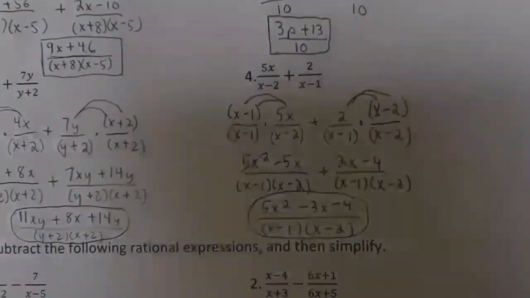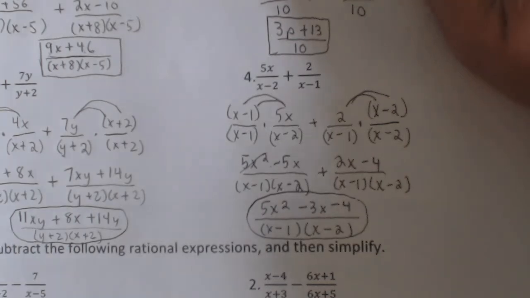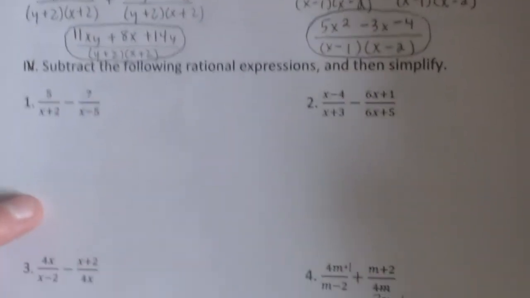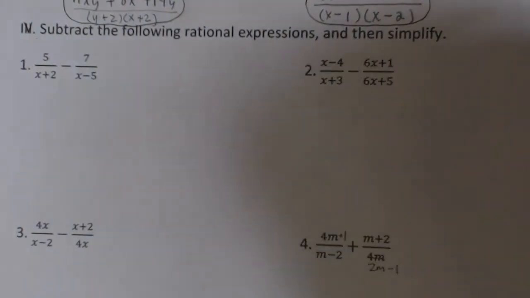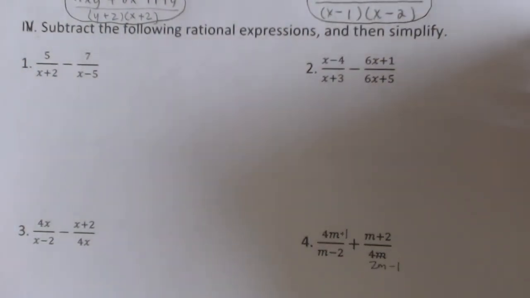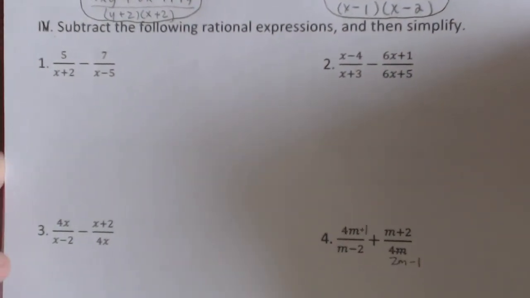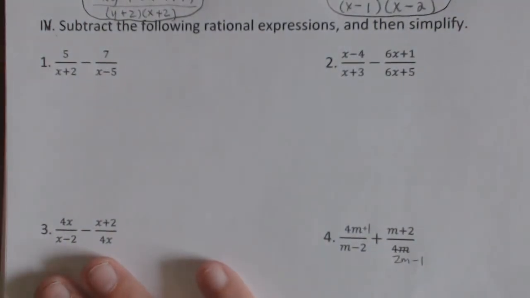Okay, so let's look at subtraction now, and I have a little trick that some teachers may not even endorse, but I have seen enough people forget to distribute a negative that it's what I choose to show people to do. And that is, when you're subtracting, we just learned how to add. I always change subtraction to adding the opposite.